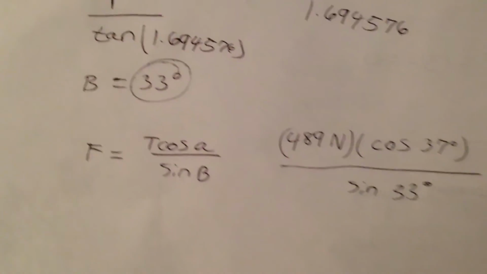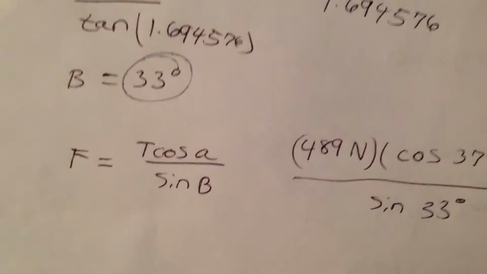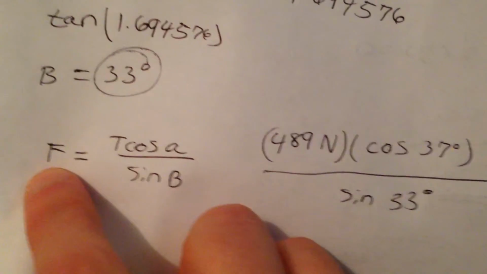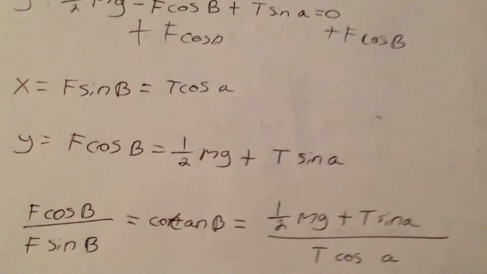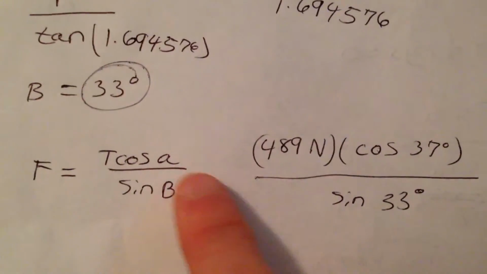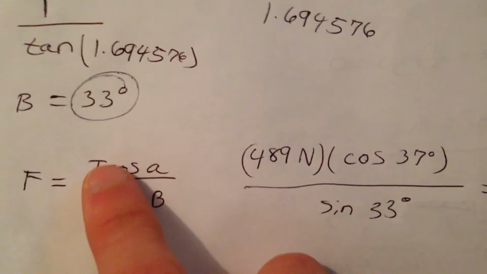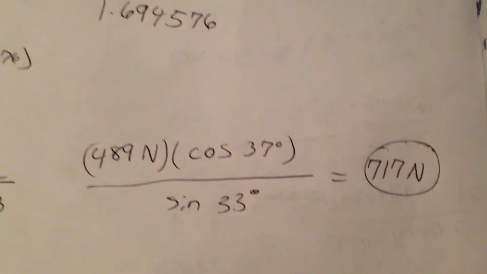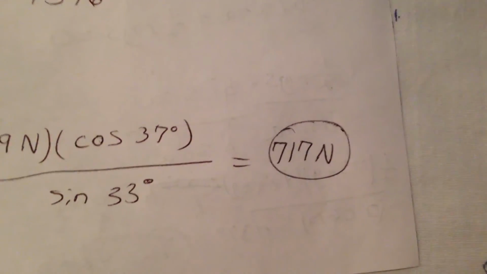So once I do that, I can substitute this angle into this equation, because we use that equation, so now I'm going to find the force. I just plug in the number since we know the tension and now the angle. And the force is 717 newtons.